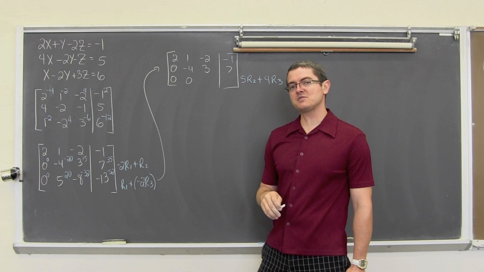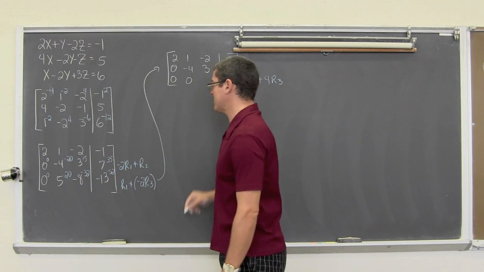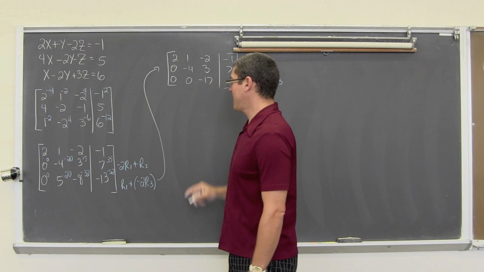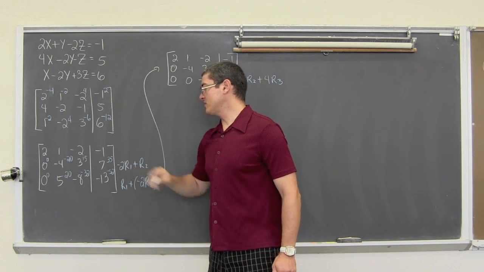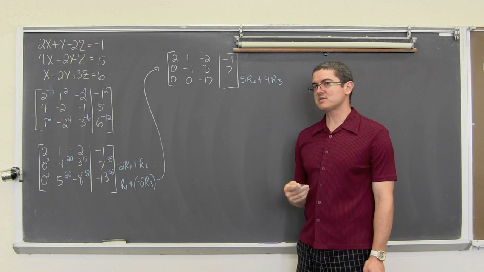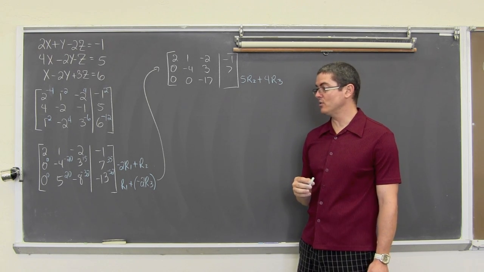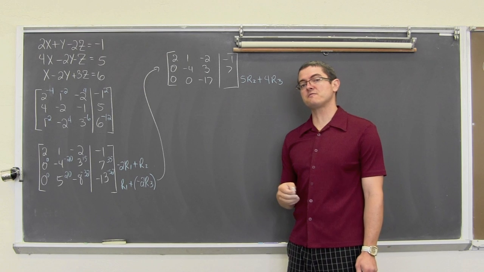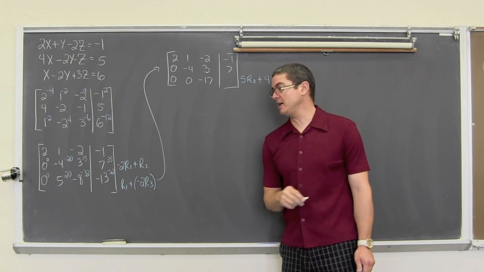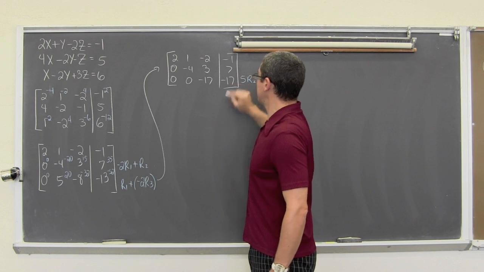Well, 32 minus 15 is 17, and this is the largest number, so it's going to be negative 17. And negative 52 plus 35. Well, 52 minus 35. 52 minus 30 is 22, and 22 minus 5 is 17. The 52 is the bigger number, and it's negative, so it's negative 17.